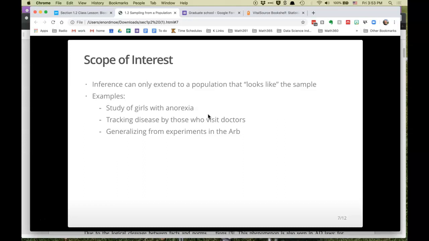The scope of interest then is what we want to think about. We want to think about how far we can generalize from a sample to a population. So the inference can only extend to a population that looks like, in some sense, the sample. So for example, one particular study was a study of treatments of anorexia in the UK.